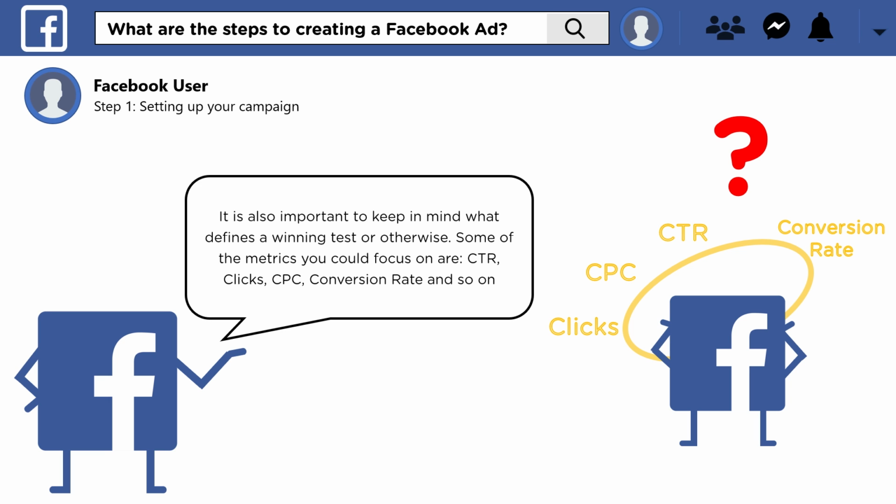When you're testing a promotional offer or even the call to action, you need to measure it against a metric. That metric is what's going to determine the winner. It doesn't have to be overly complicated. It could be as simple as testing one call to action against another and determining which one gets more clicks. If one gets more clicks than the other, then hey, you have a winner.